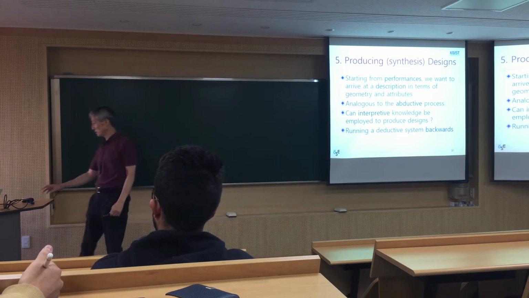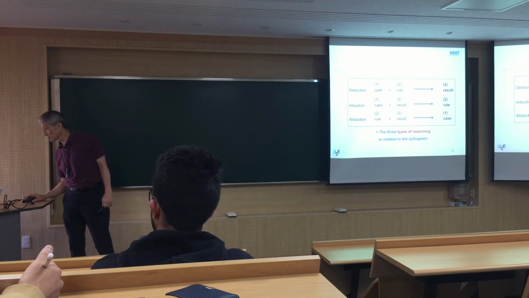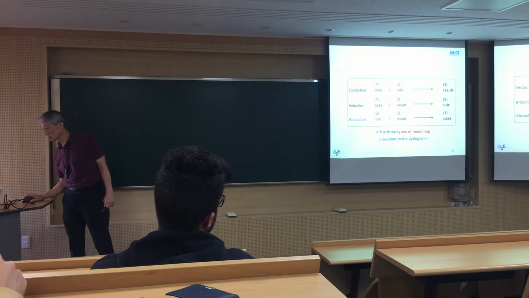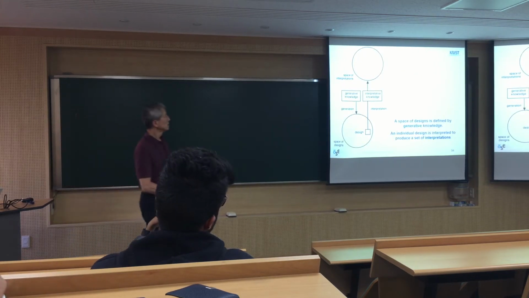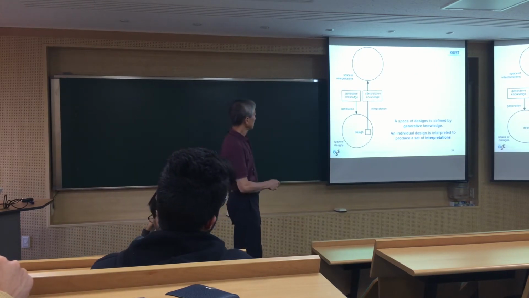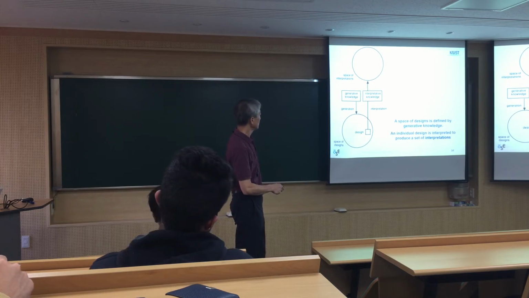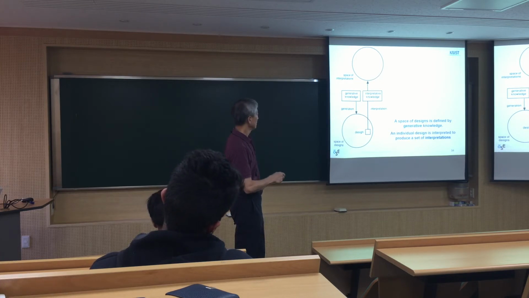There has been a drawing on this. Where is the drawing? Oh, here. So the interpretive knowledge: this one is interpretation. Starting from design, find out the performance of this one, the meaning of this one.